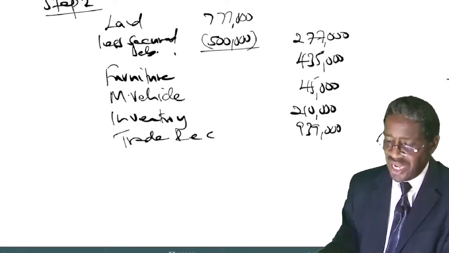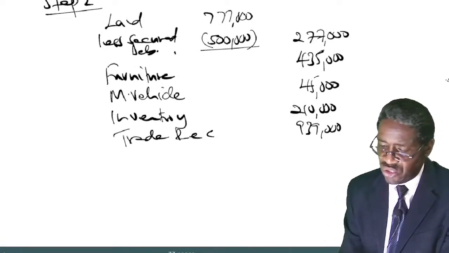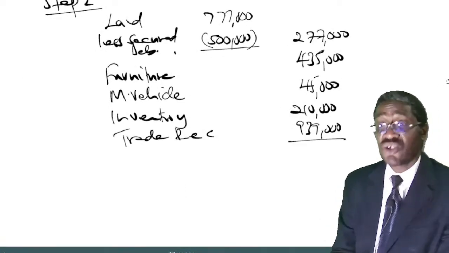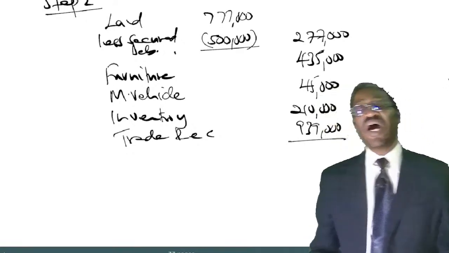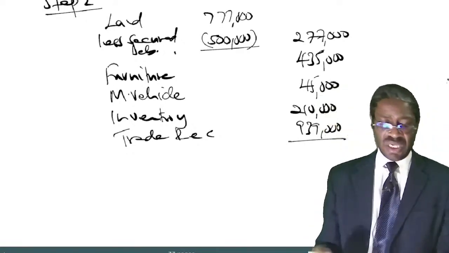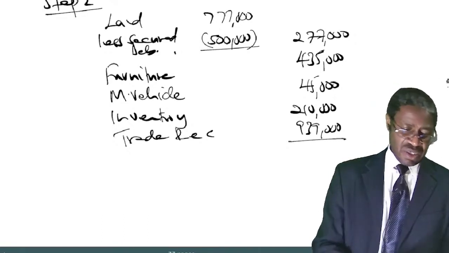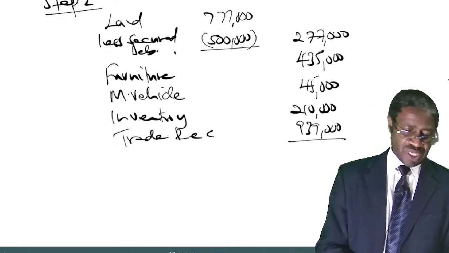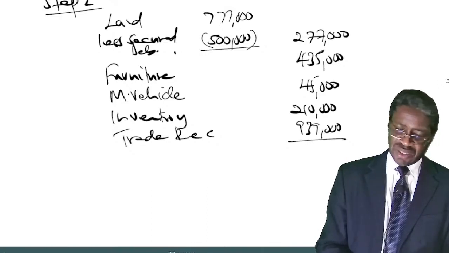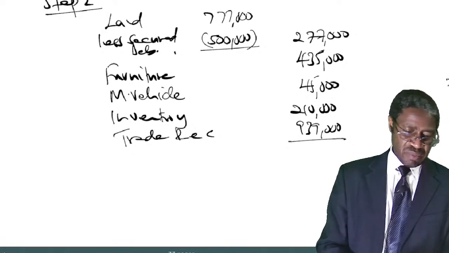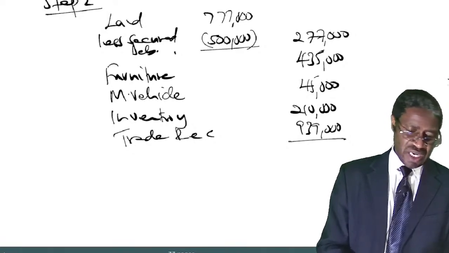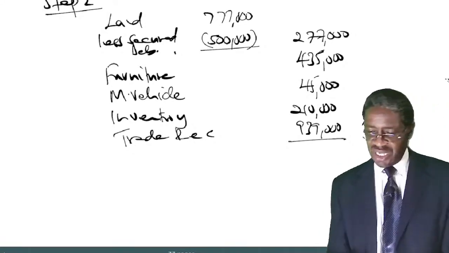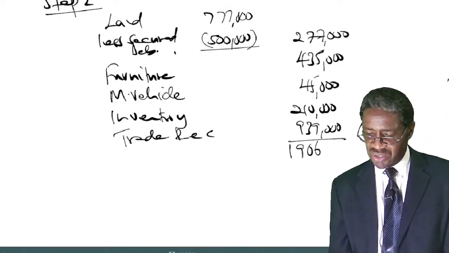Good. So that's all. Now we can get the total amount to be realized in case the company is liquidated. So I'm adding 277 plus 435 plus 45 plus 210 plus 939. I am getting a total of 1906.